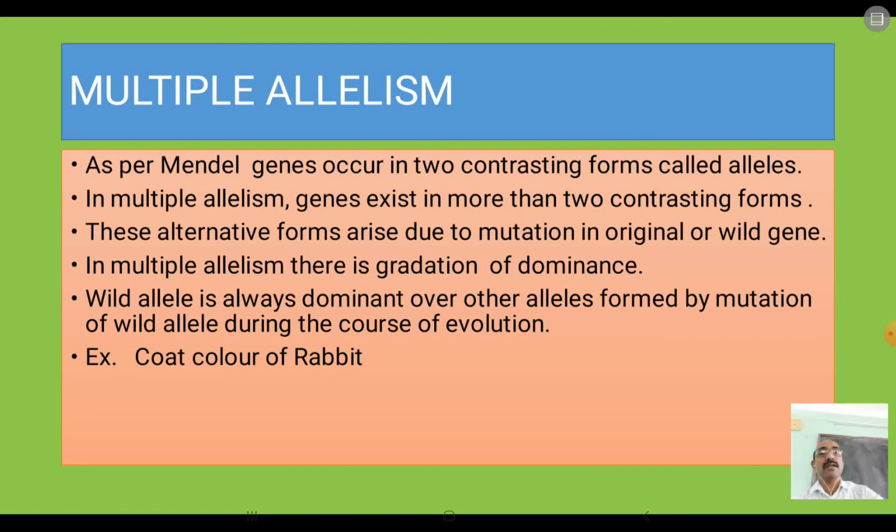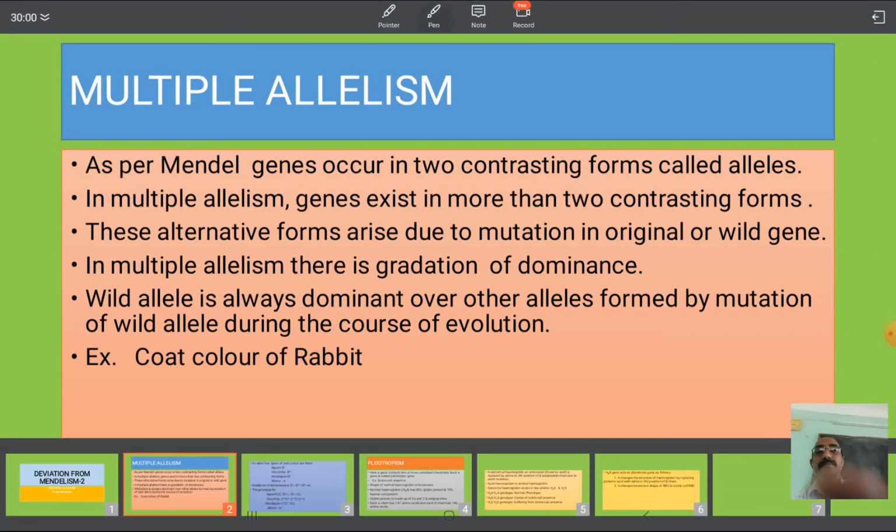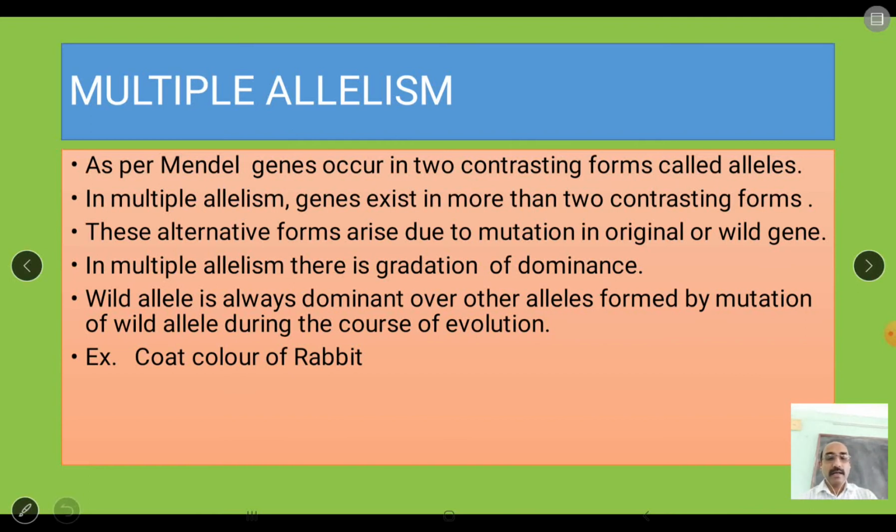Now, let me draw you a diagram here. Let three alleles be capital Y, small y, then small y dash. As it is a case of multiple allelism, how do they occur?